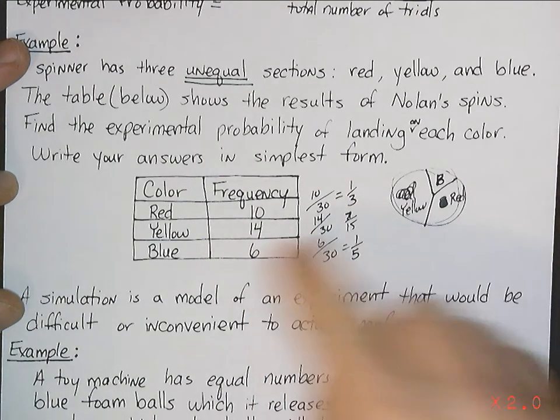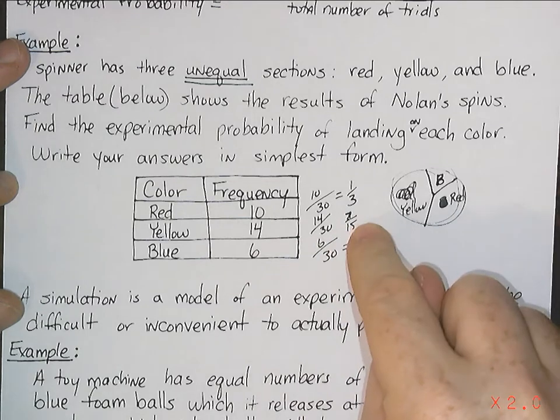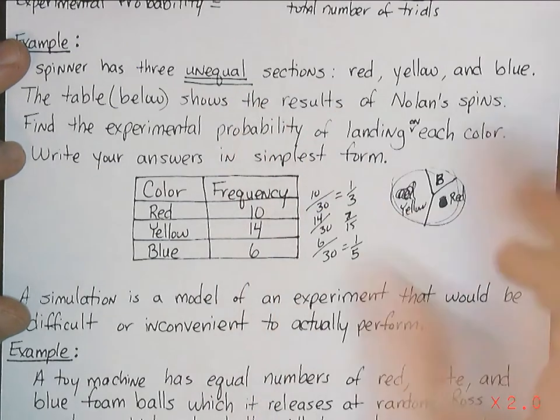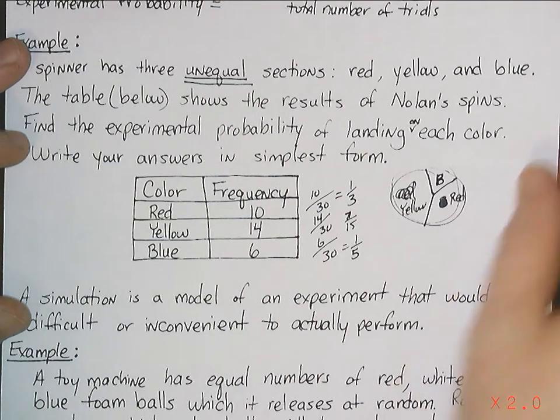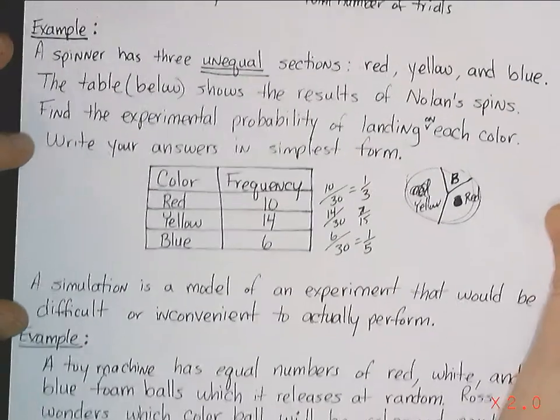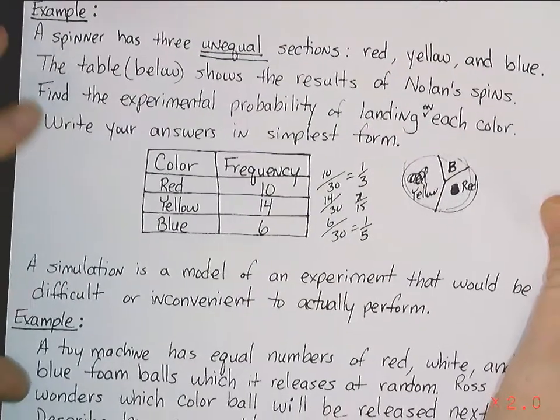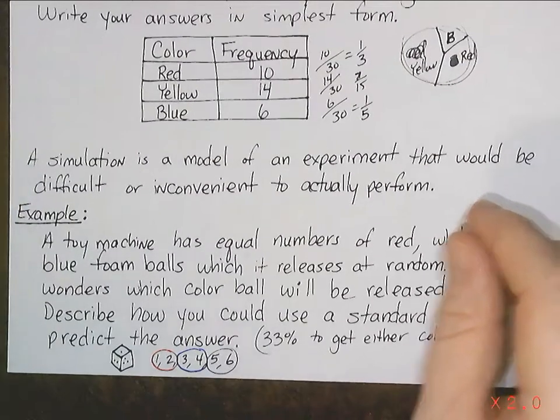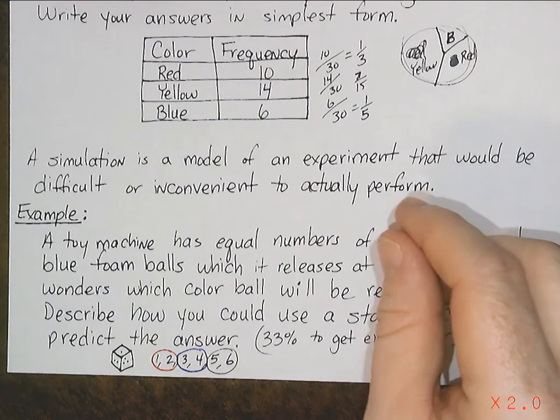For a yellow, it was 7 divided by 15, which would be a little bit less than 50%, and this would be 20%. Doesn't mean it's going to be fair. It just means that based on your experience, what you actually do will inform how future predictions will be guessed based on what you've done.